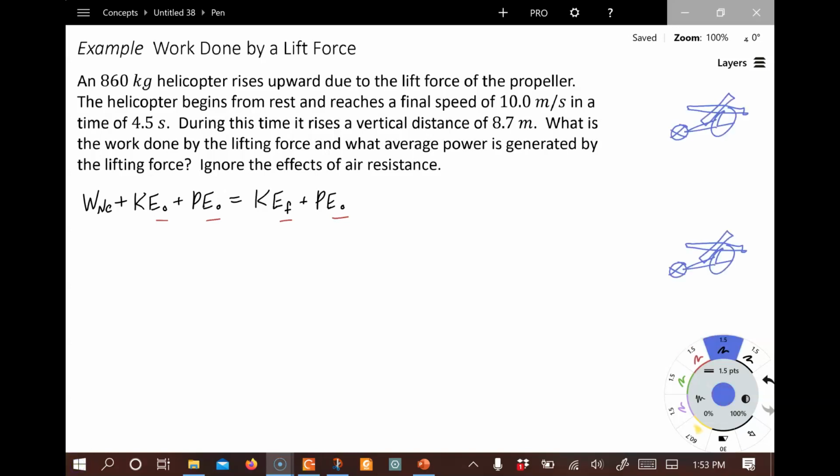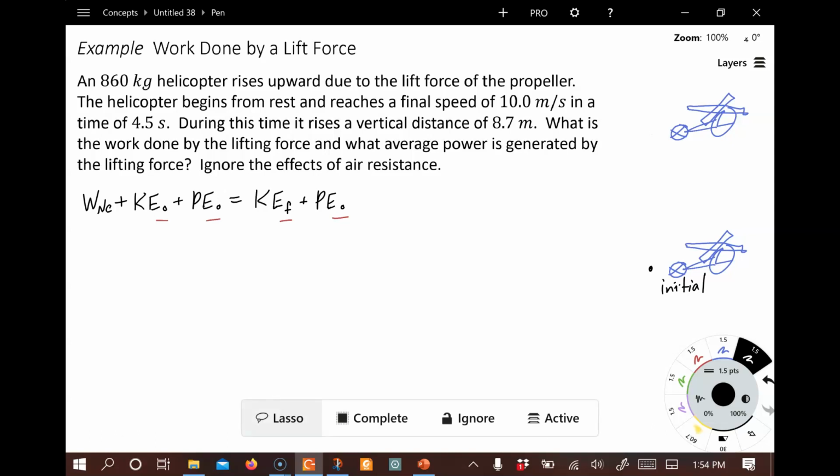So there's the helicopter, and it starts down below. So here's the initial situation, and later on it's up here. There's the final situation. And of course we want to know what the speed is for the kinetic energy and what the height is for the potential energy. Let me go ahead and draw a scale for height first.